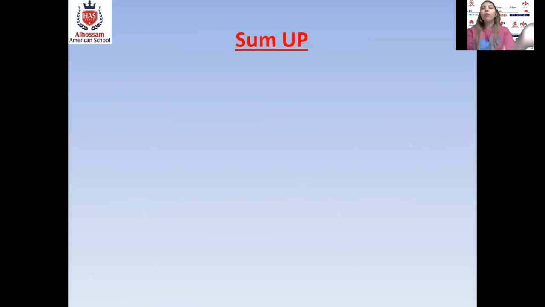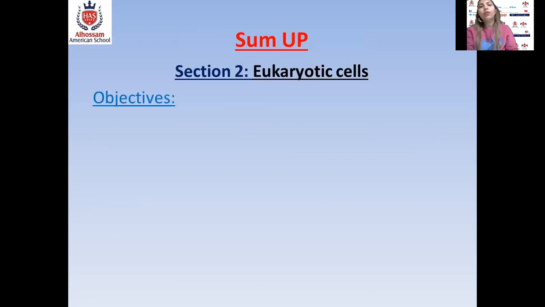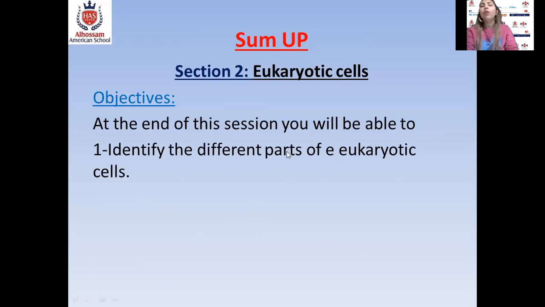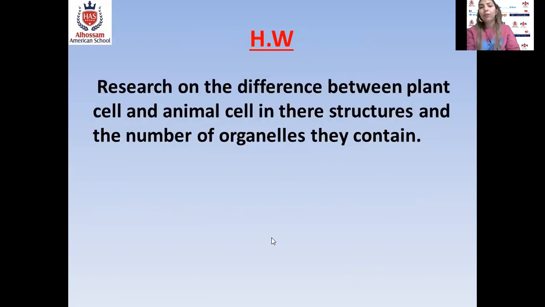To sum up our session, we took section 2, eukaryotic cells, the first part, and we learned what the different parts of the eukaryotic cells are. We talked from the beginning about the cell wall, cell membrane, ribosomes, nucleus, and endoplasmic reticulum number 5. And we took the function of each one.